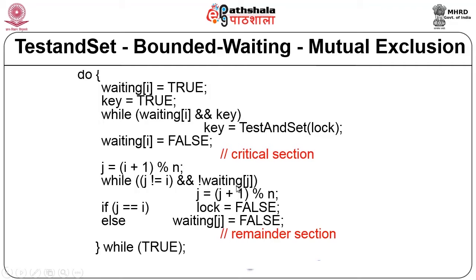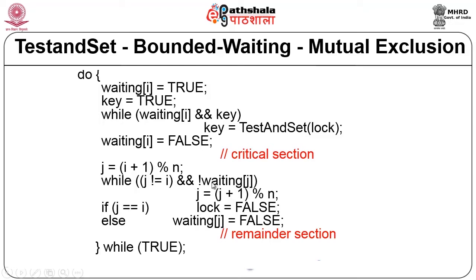Then not waiting[j] will become true, and the whole condition becomes true, and then it goes to the next process. So, it had checked the next process first, it finds that the next process is not waiting, and hence it goes on to check the next process, and it keeps on going in this way if no other process is waiting.